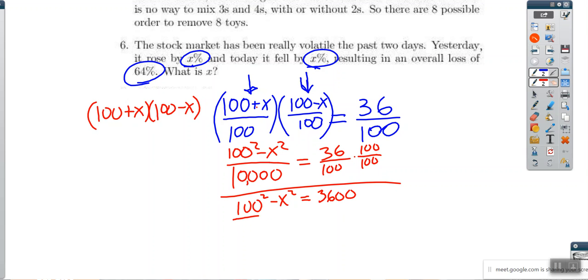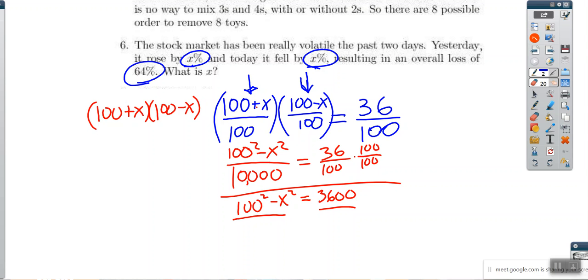And obviously this is all over 10,000. It does not technically cancel out, but it cancels out because I could multiply both sides by 10,000. All right, so now this is starting to get easier.